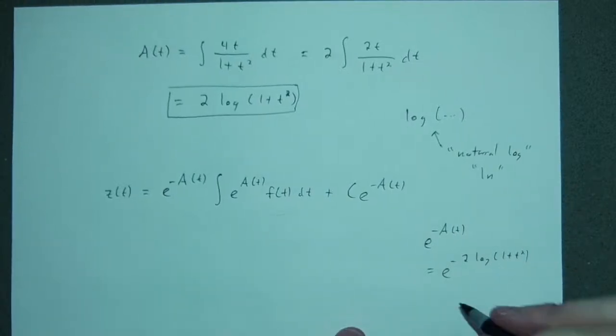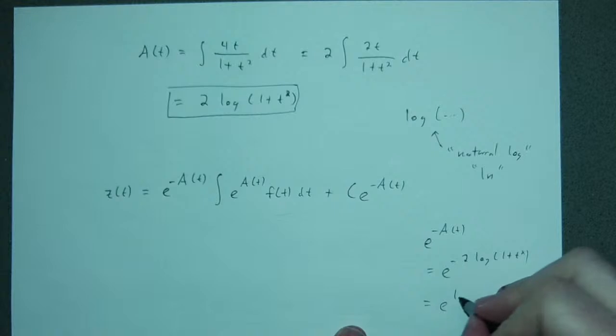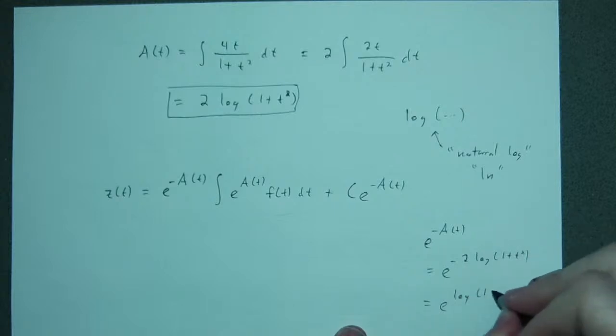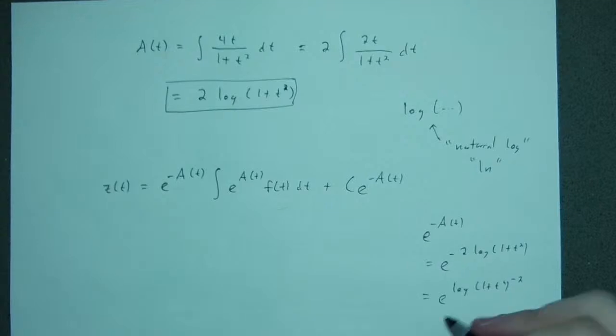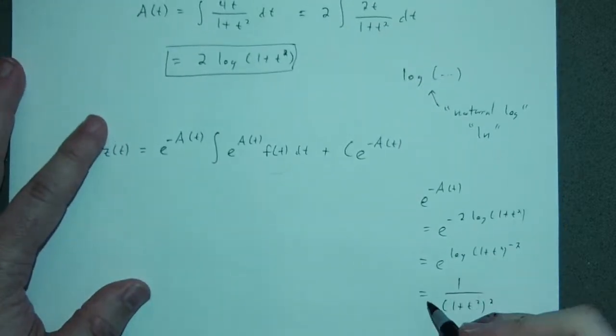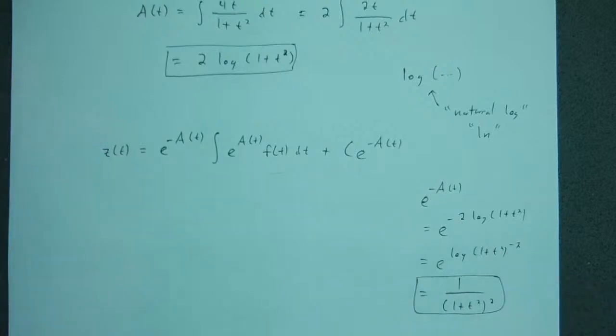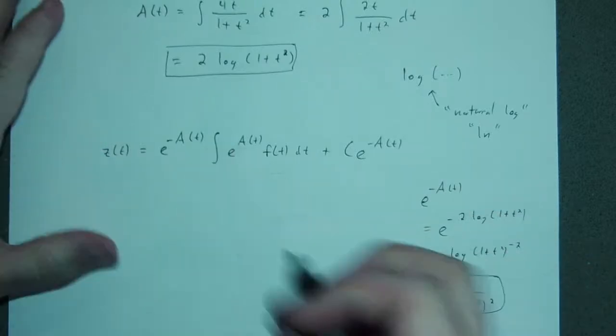We use log rules here, so this is e to the log of 1 plus t squared to the minus 2. So really this is 1 over 1 plus t squared to the 2. Right? So that's what e to the minus a is. E to the a is this thing squared.